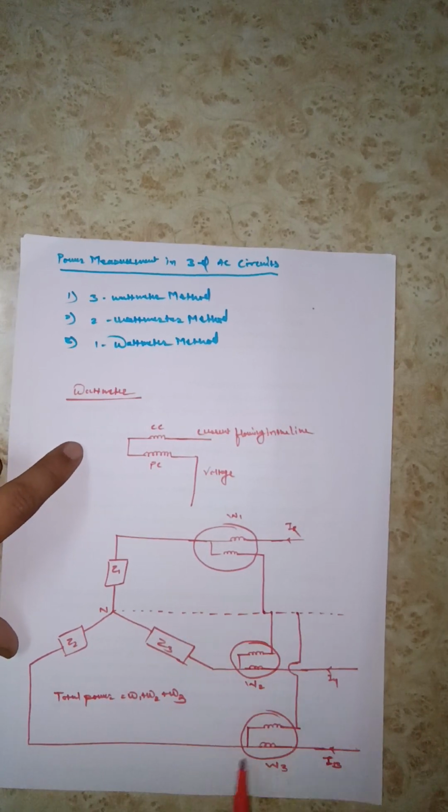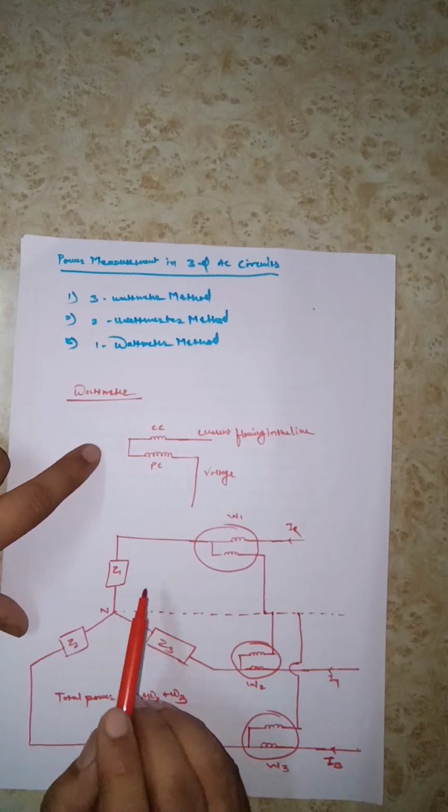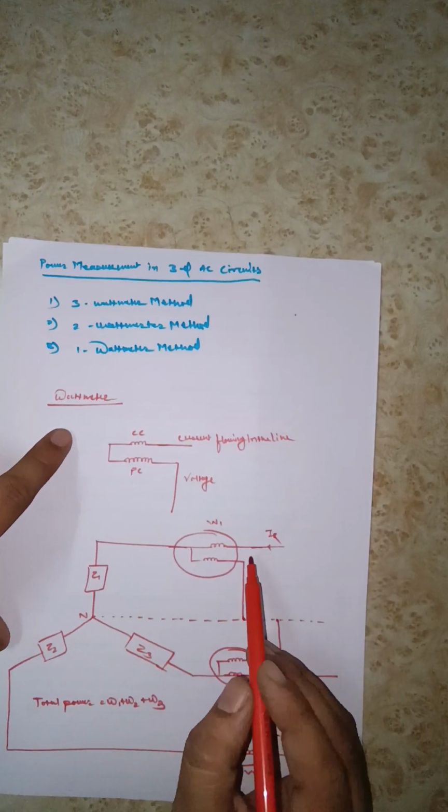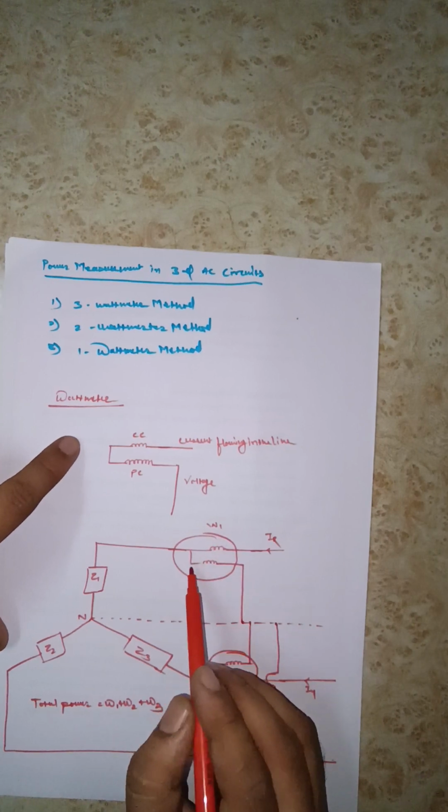Here is the connection diagram. We have a three-phase star connected circuit. This is the current coil of wattmeter W1 and this is its potential coil.